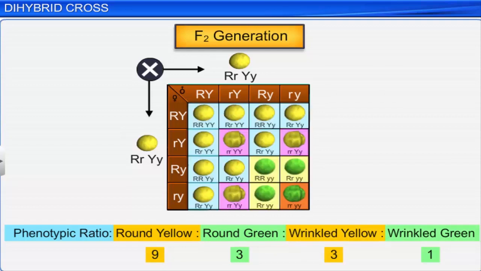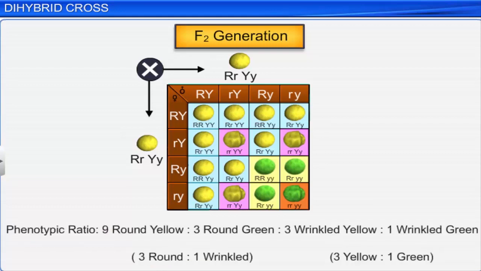Mendel had got the same phenotypic ratio in several dihybrid experiments that he had conducted. This ratio 9:3:3:1 can be derived as a combination series of 3 yellow to 1 green with 3 round to 1 wrinkled. And further, this derivation can be written as shown.